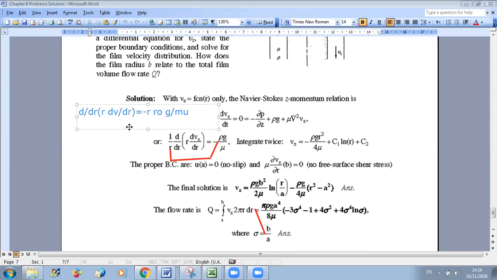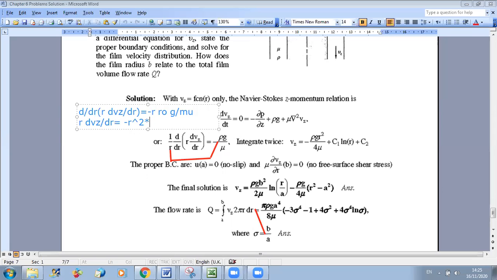So we have the function r times dVz over dr equals, if we integrate the other side with respect to r, minus r square over 2 times rho g over mu.